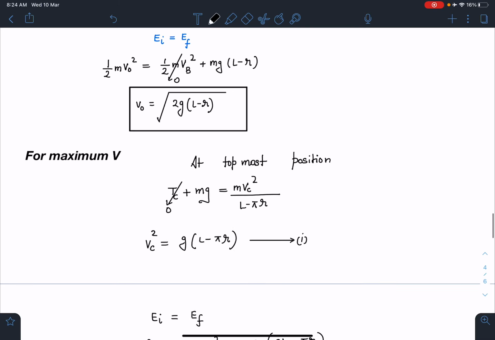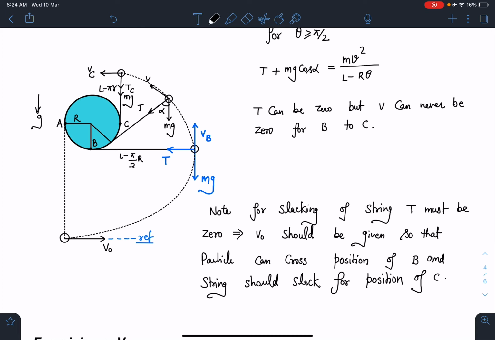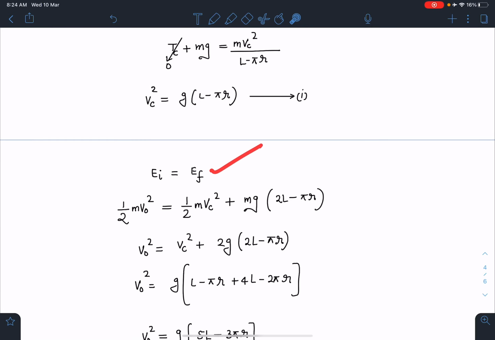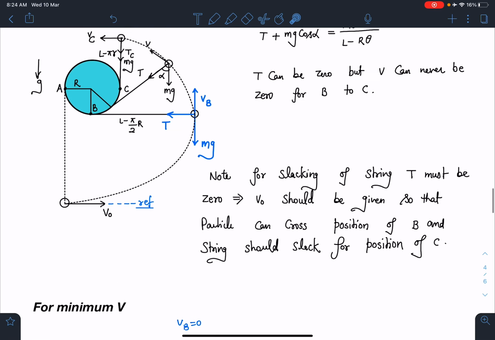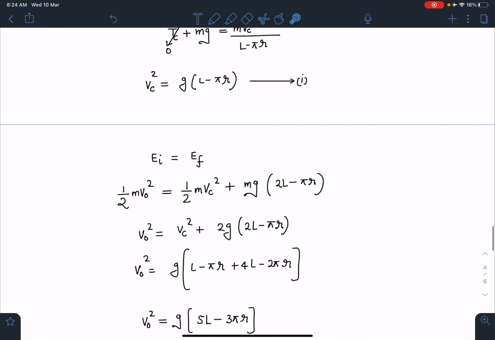Alright, now if we apply energy conservation between this point and this point, we will get the maximum velocity. Initial energy is kinetic, and potential is the reference, so 0. So half m Vc square plus mg, and you can see this height is L minus pi r and this is L, so 2L minus pi r I can say here.